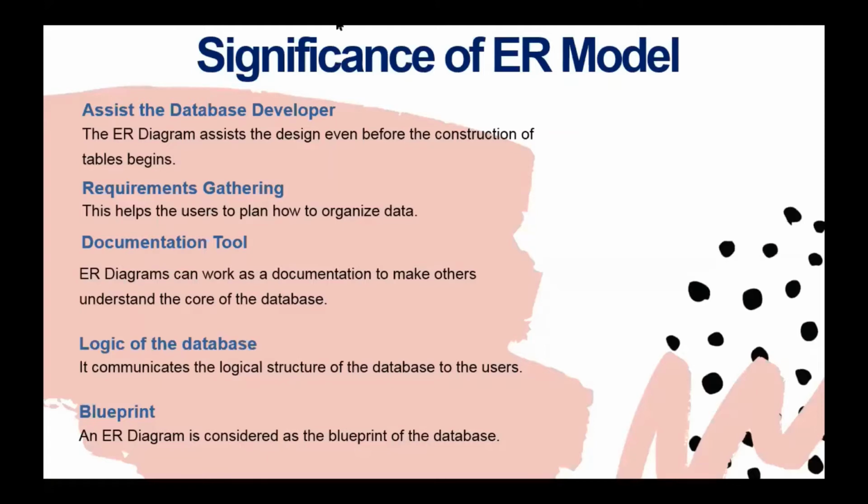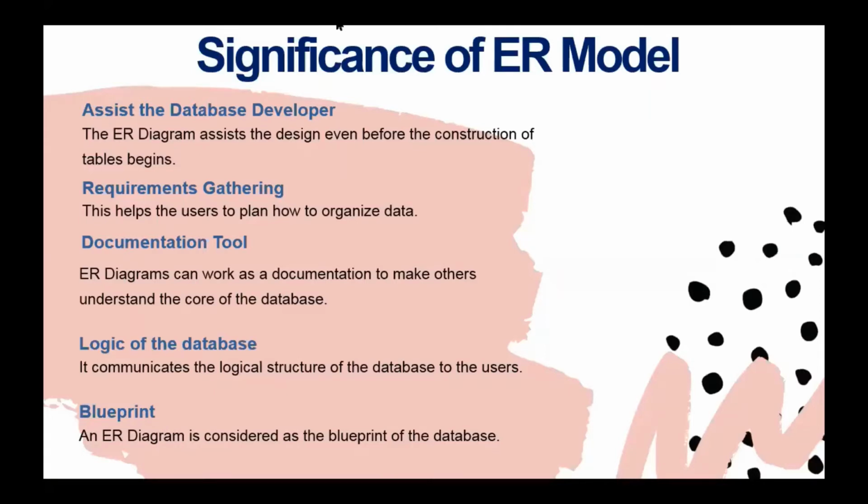Why documentation? Because when you are drawing a pictorial representation, the person who is not able to understand databases, even by seeing that pictorial representation, is able to understand what the core of the database is. Okay. It also helps you to understand the logic of your database.